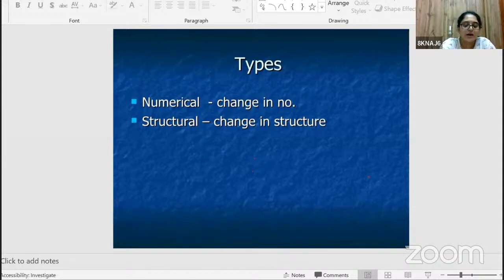Anyway, so you have microcephaly, macrocephaly, craniosynostosis, where the head structure is different. Microcephaly means the head is very small. Macro means enlarged head.